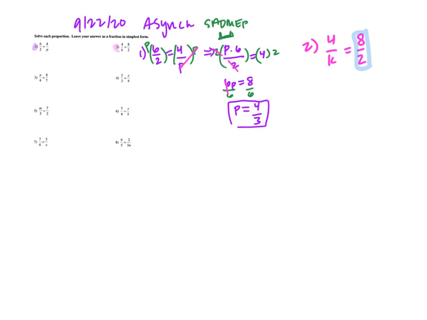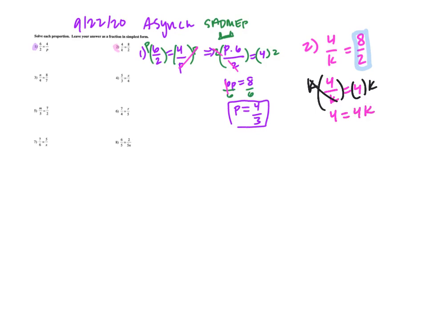It is. So what we could do is this. It might not always be something like that. It might not be a whole number, so be mindful of that. No matter what, I'm going to have to multiply by k to get it out of the denominator. So I have 4 equals 4k.